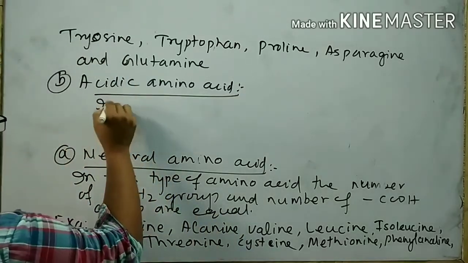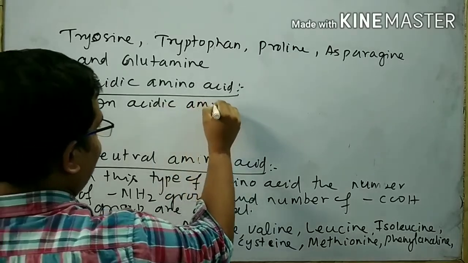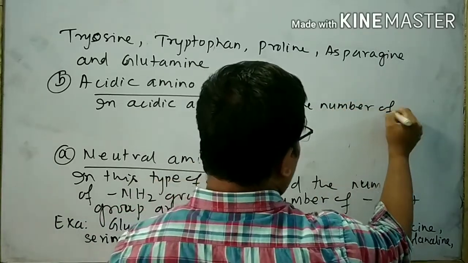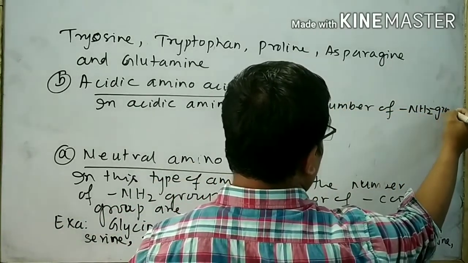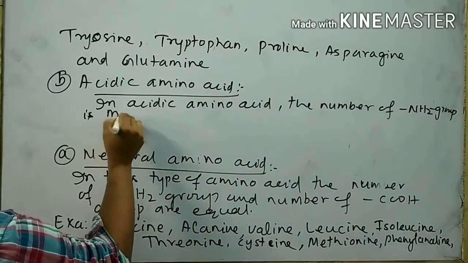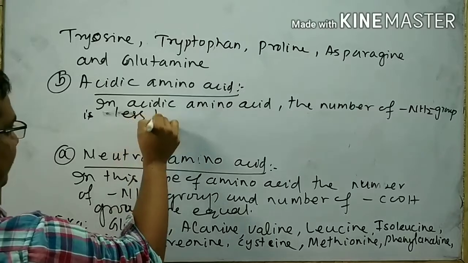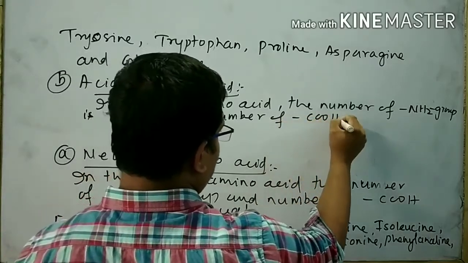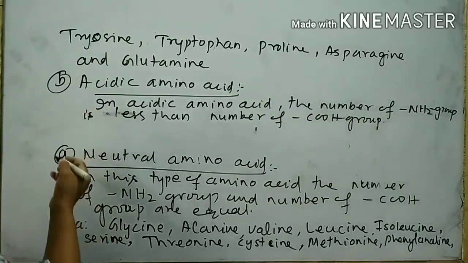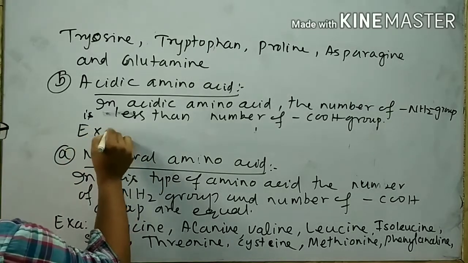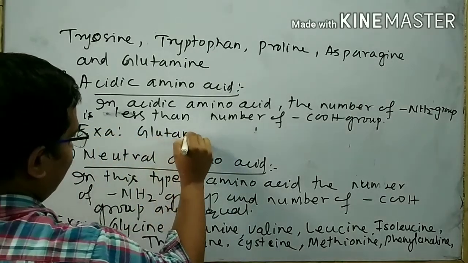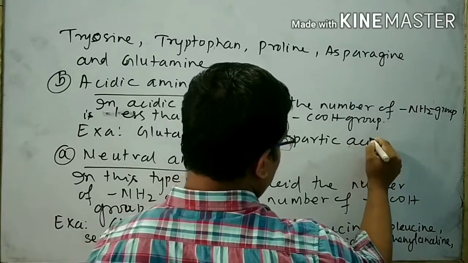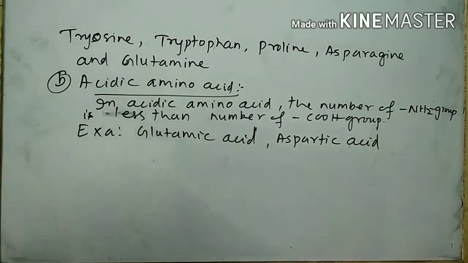So we can write in acidic amino acid, the number of NH2 groups is less than the number of COOH groups. Examples of acidic amino acid are glutamic acid and aspartic acid. These are the examples of acidic amino acid.